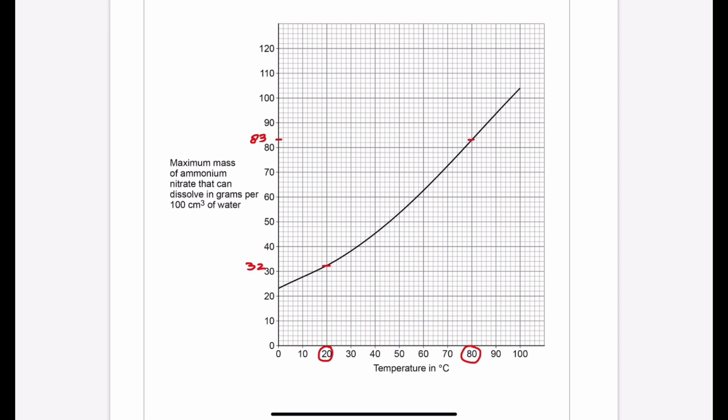The difference between them is 83 minus 32, and the answer is 51 grams. So the quantity of the crystals formed as the result of cooling from 80 degrees to 20 degrees is 51 grams. Let's see the model answer.